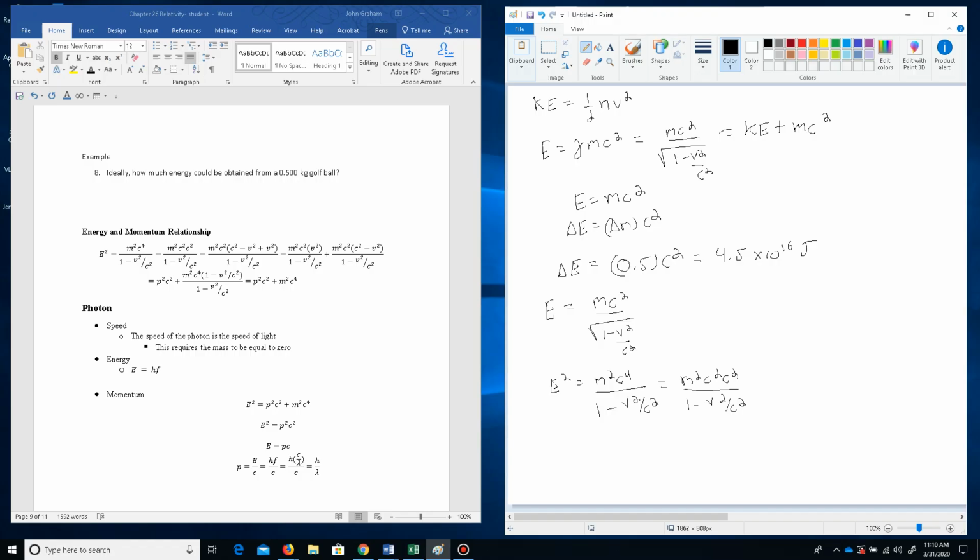I'm adding and subtracting v squared in order to get v squared into this numerator from one of these. So I have c squared minus v squared plus v squared, which is just equals 0, so I'm not really doing anything to it. Just writing it in a unique, weird form.